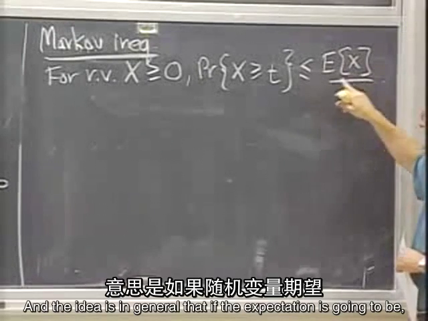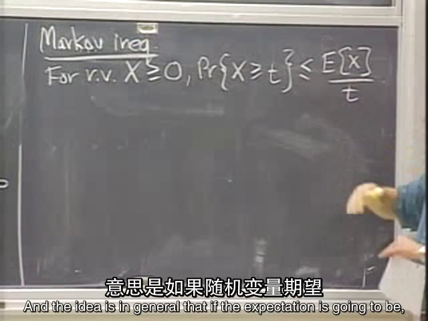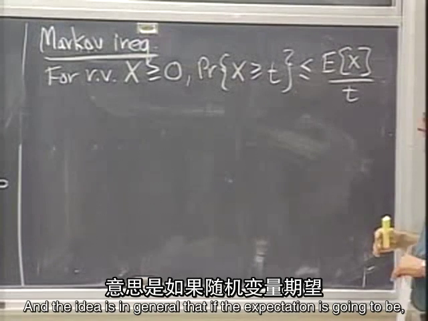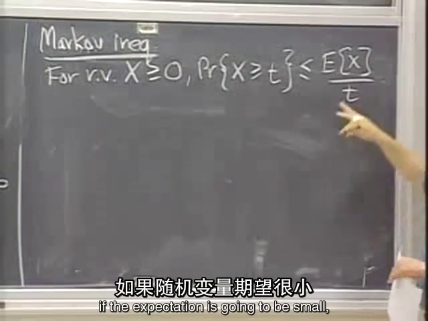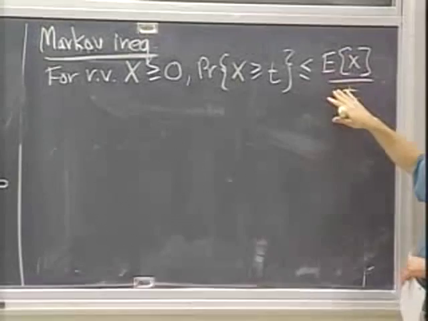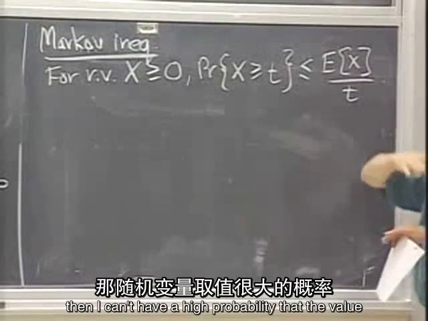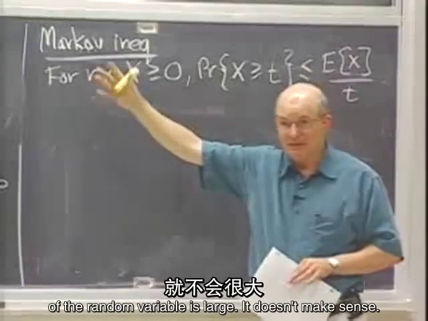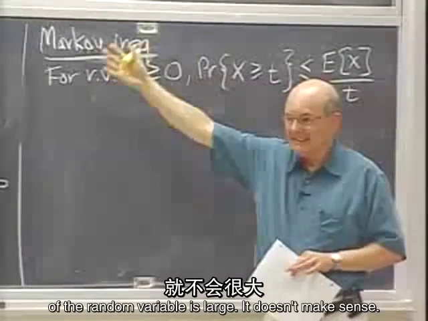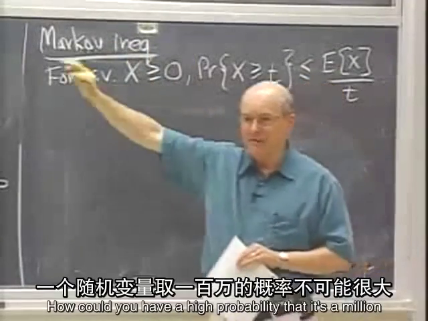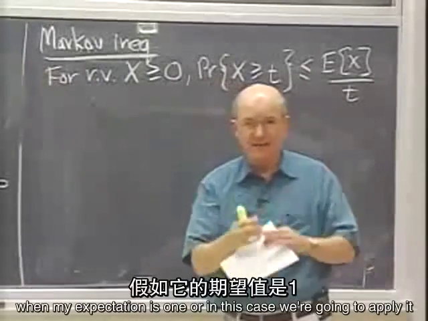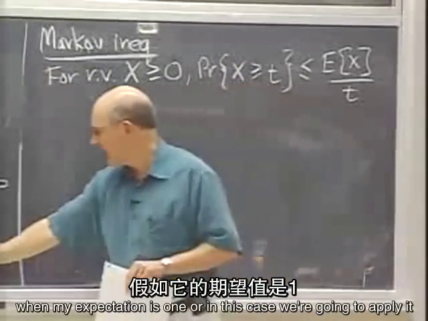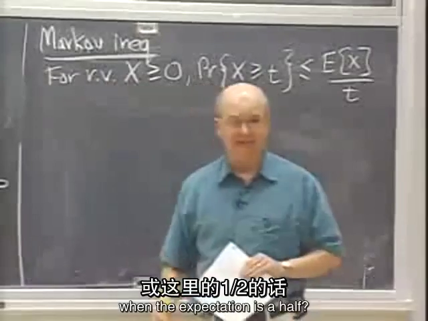The idea is, in general, that if the expectation is small, then I can't have a high probability that the value of the random variable is large. It doesn't make sense. How could you have a high probability that it's 1,000,000 when my expectation is 1, or in this case, we're going to apply it when the expectation is 1/2?